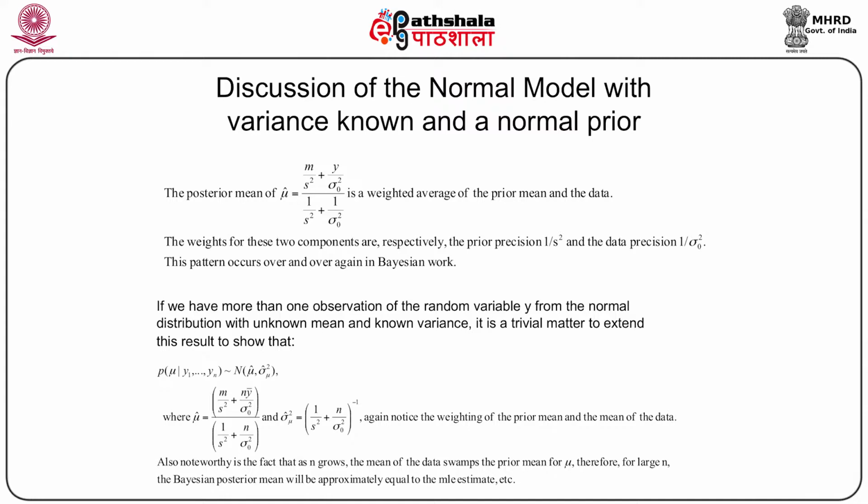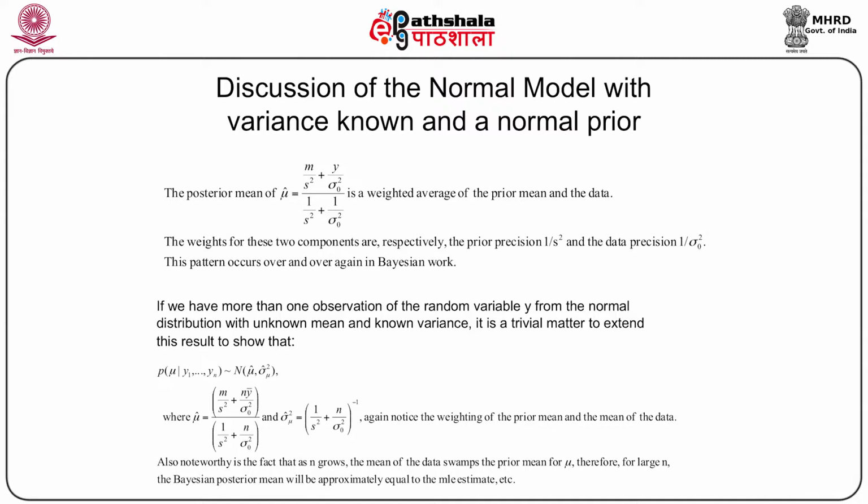Now here is a quick discussion of the normal model with variance known and a normal prior. The posterior mean, which is mu hat, has the expression given here in the slide, which is m divided by s square plus y divided by sigma 0 square, the whole thing divided by 1 over s square plus 1 over sigma 0 square.